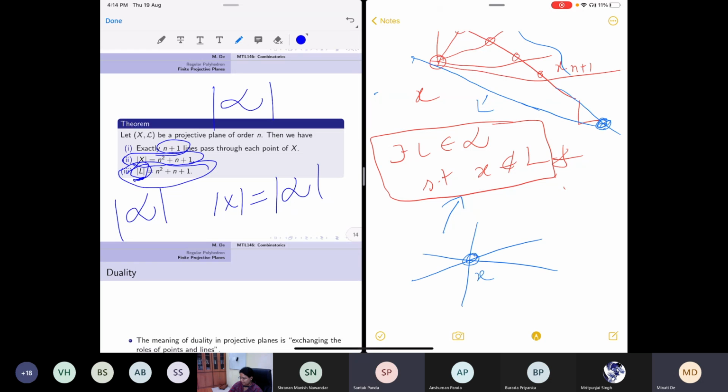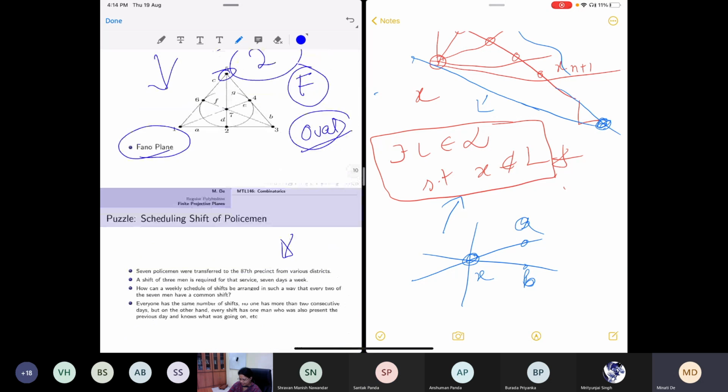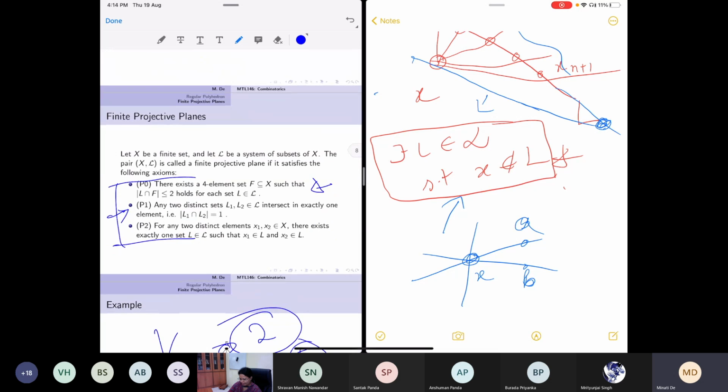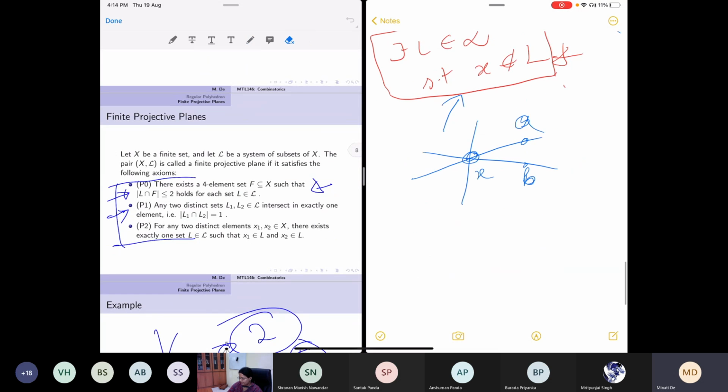And then we'll take any two lines and take 2 points on them, like A and B, because we need to have at least 4 points, there exist at least 3 more points. And then there exists a line that joins 2 of them, and then X must also lie on that line. Okay, so in other words, you need to use the property P0 to prove this, right?